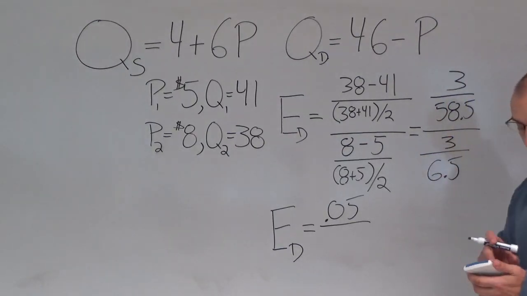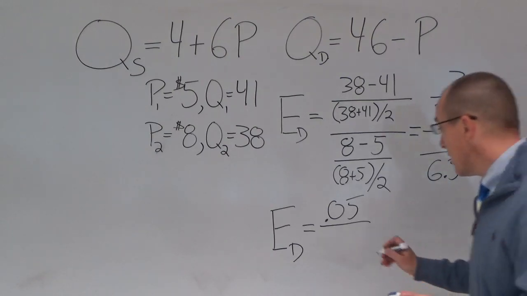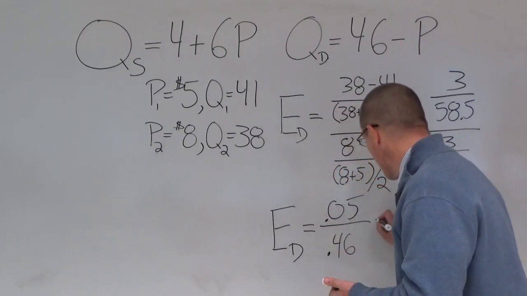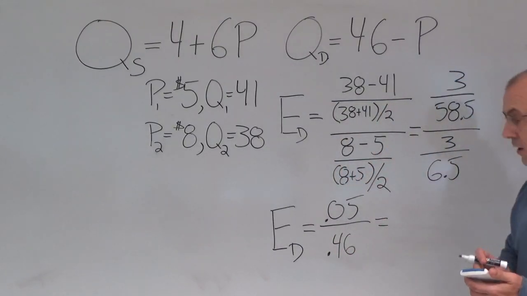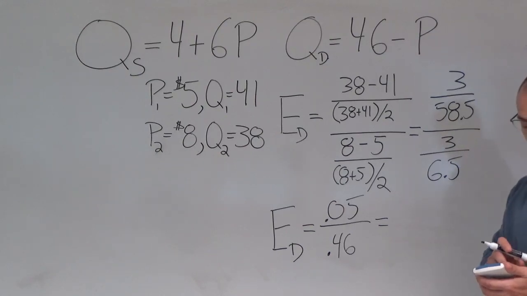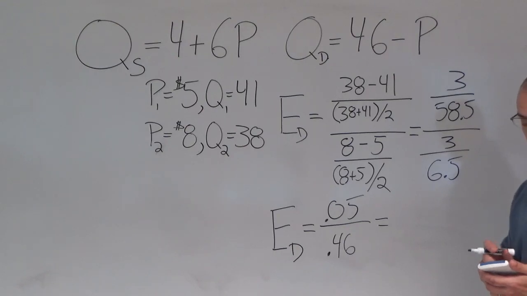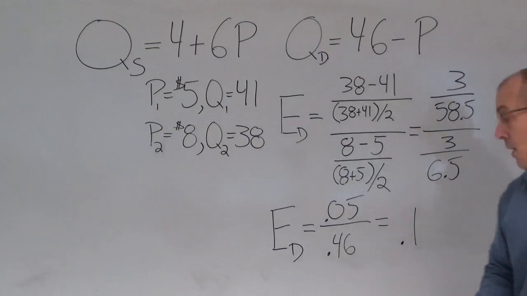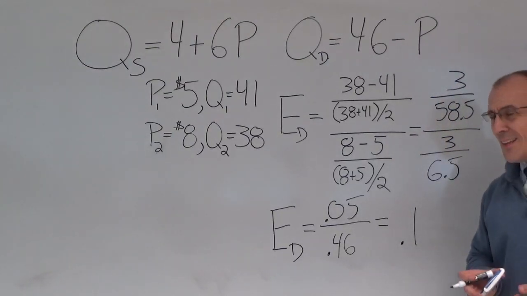And my 3 divided by 6.5 gives me 0.46. Now we'll finish this off: my 0.05 divided by 0.46 is 0.1. 0.1, that's pretty inelastic.